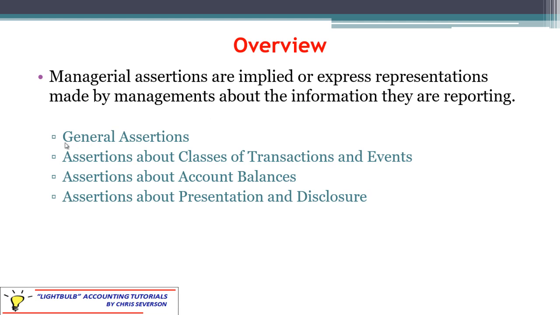Now, I'd say the most important piece of this is what we're going to call the general assertions. When I was studying for the CPA exam review, this was the main thing that was covered. And what I found was that when I understood the general assertions, the other assertions, there's a lot of duplication between them, and they tend to come to you a little more naturally. So there's a lot of terminology here.